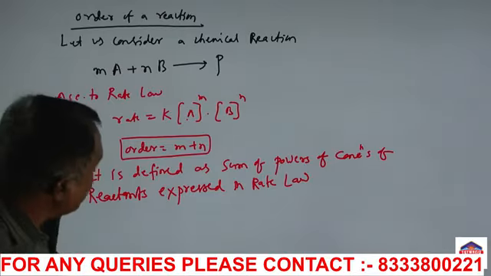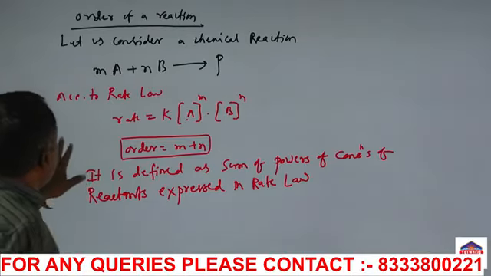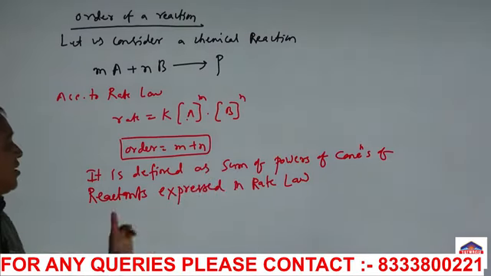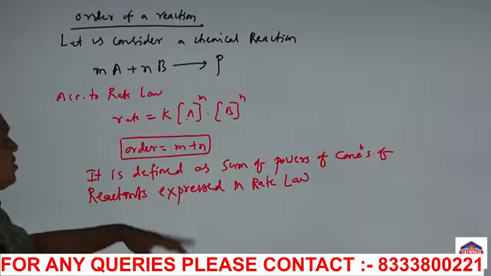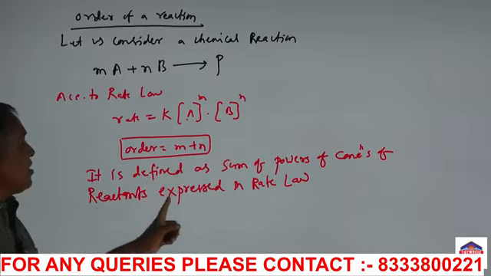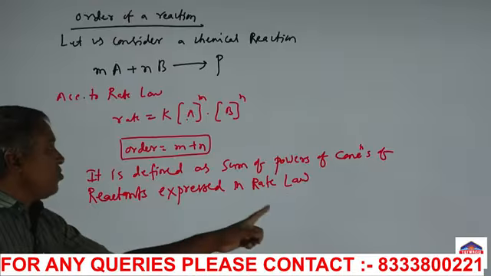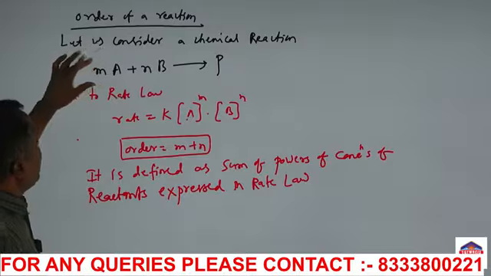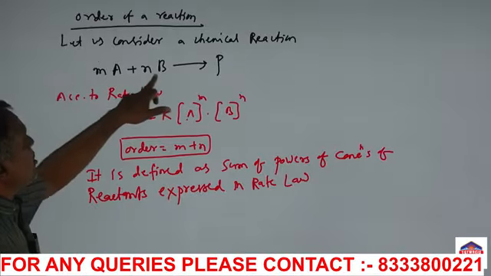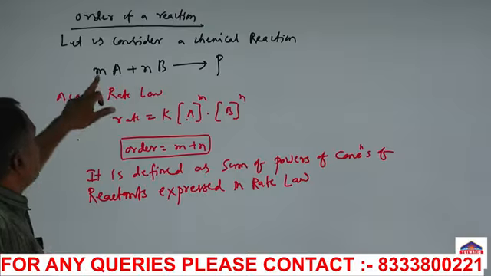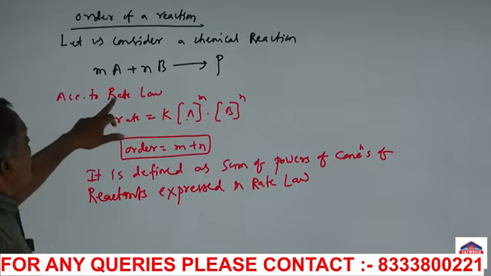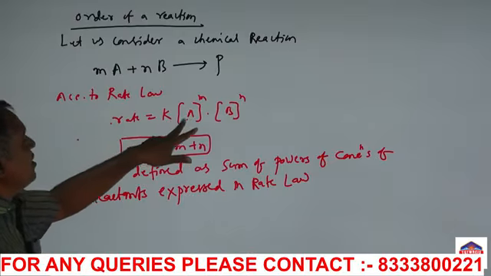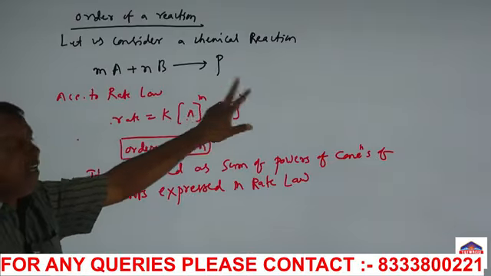So order of a reaction is nothing but what now? This is defined as the sum of powers of concentrations of the reactants expressed in rate law. So you must know what is rate law first. For any chemical reaction, for example, mA plus nB gives product P, you must apply the rate law. According to rate law, rate is equal to one constant k into [A] power m and [B] power n.